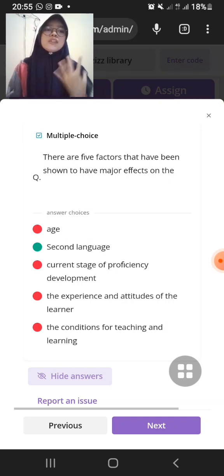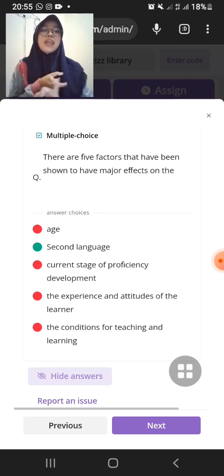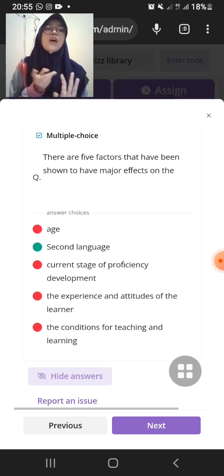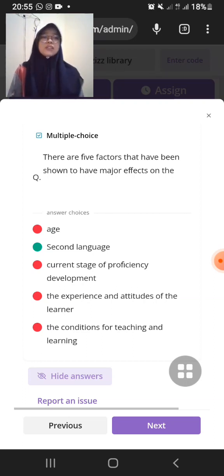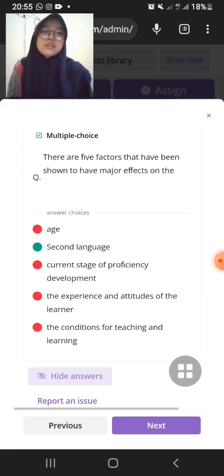Because the 5 factors are the age of the learner, the learner's first language, the learner's current level of language development, the experience and attitudes of the learners, and the conditions for teaching and learning. Second language is not one of them.